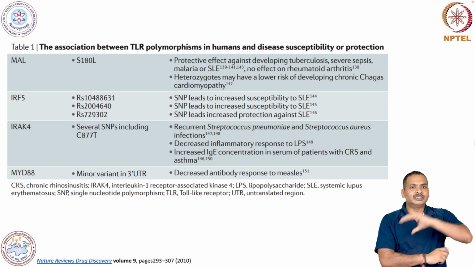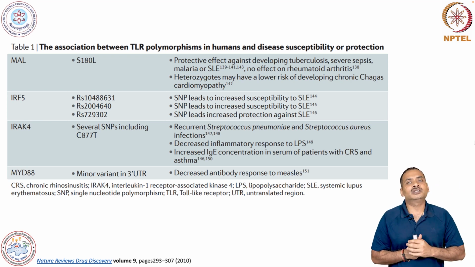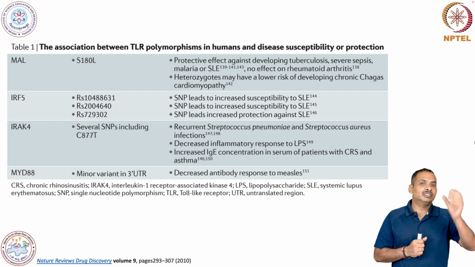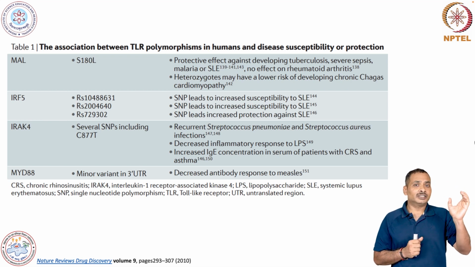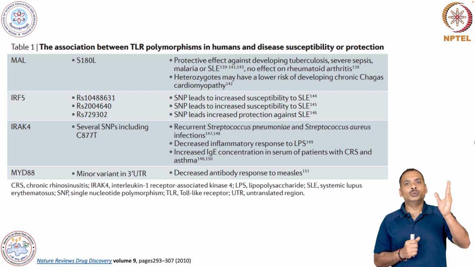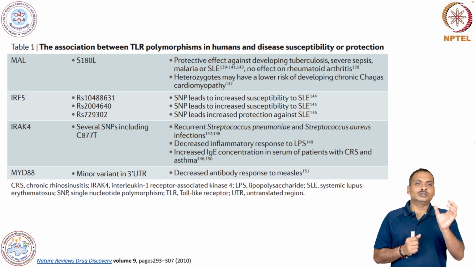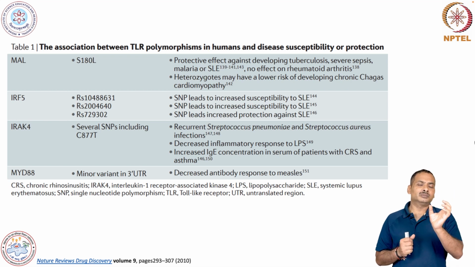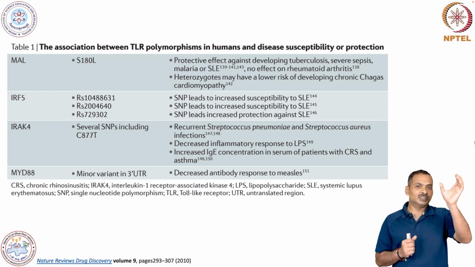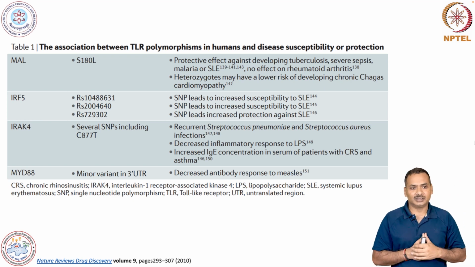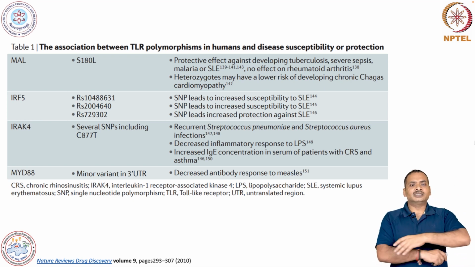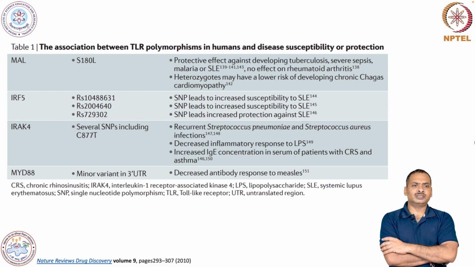And this is a kind of linker between the TLR, particularly in case of TLR 1, 2 and 6 and TLR 4. This MAL or TRAP is a linker between the TIR domain of these TLRs and MyD88. There are also some mutations reported which are associated with some diseases.